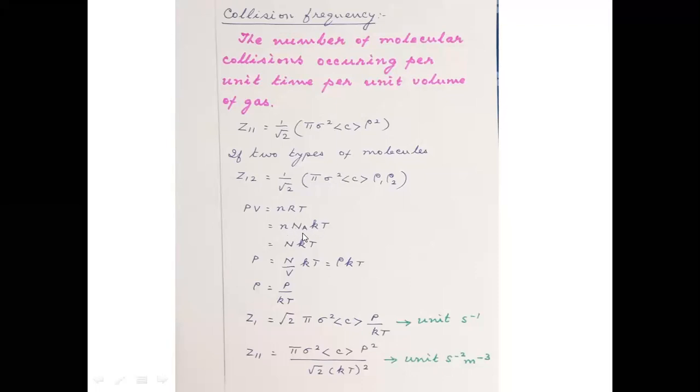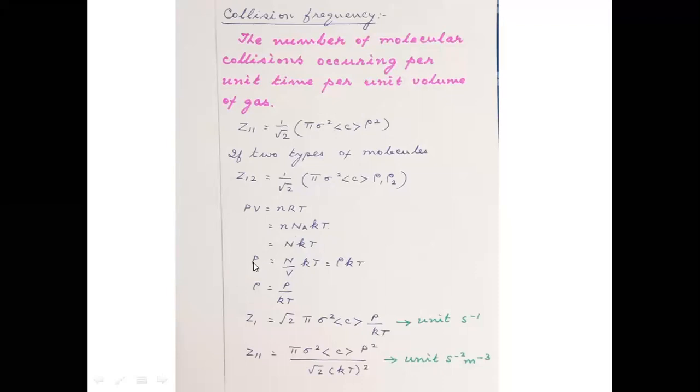This Avogadro number I am taking from the universal gas constant R. R can be written as Avogadro number into k, the Boltzmann constant. So number of moles into Avogadro number will give you the total number of molecules, capital N. So the equation can be written as N k T.